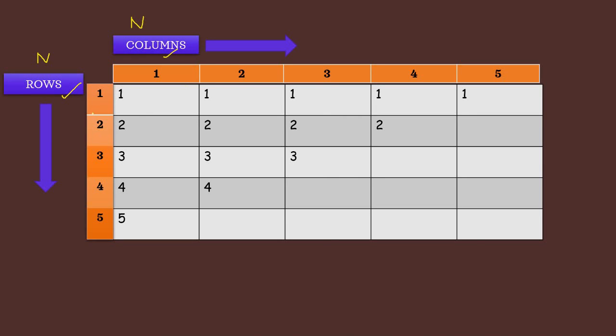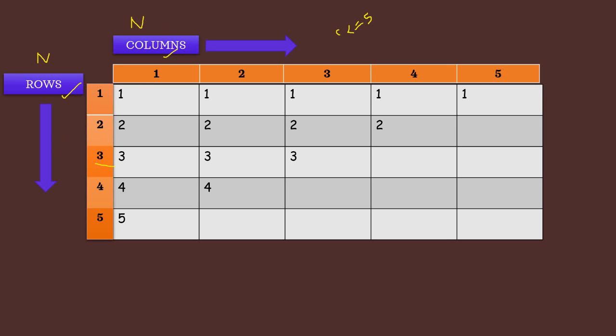So when r is equal to 1, we can have 5 iterations, and when r is equal to 2, with the condition c less than or equal to the value of n, that is 5 here, we will have c is equal to 2, c is equal to 3, c is equal to 4, and c is equal to 5, that is 4 iterations.